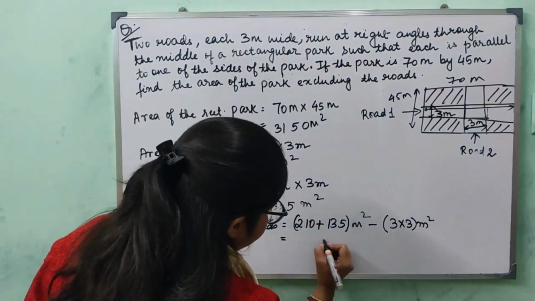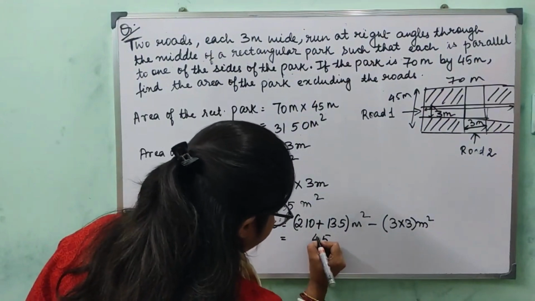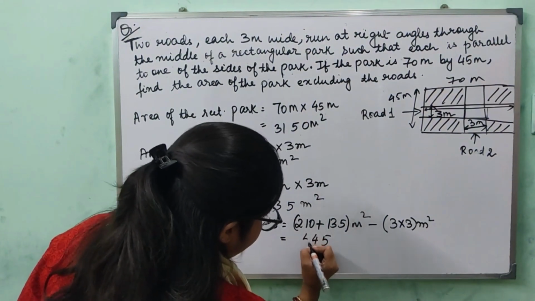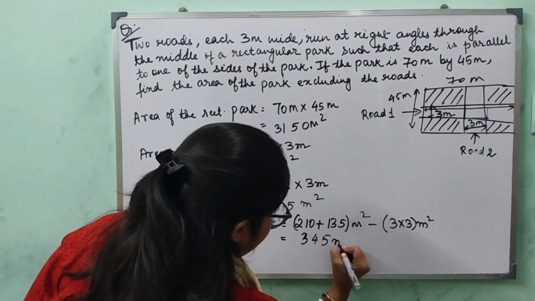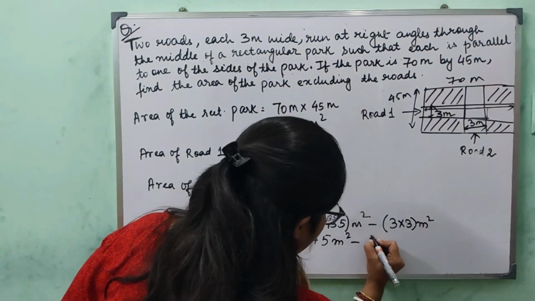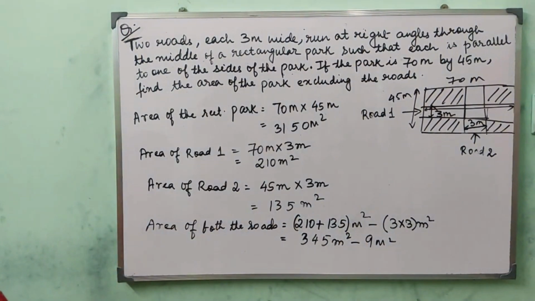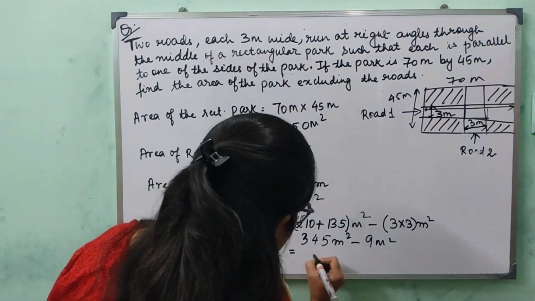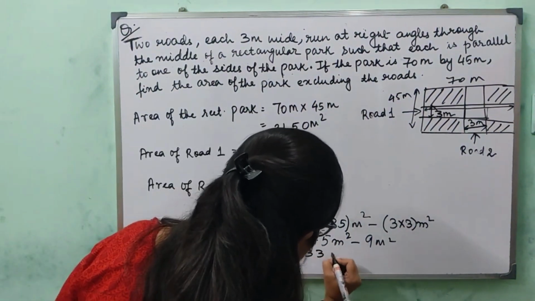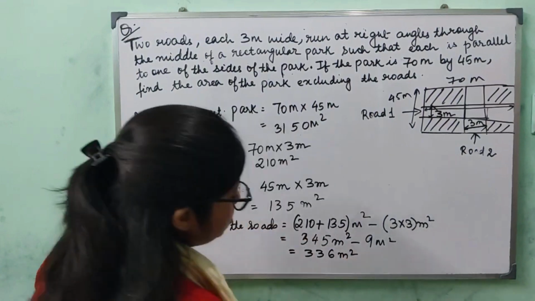So this is equal to 345 meter square minus 9 meter square, which gives me 336 meter square.